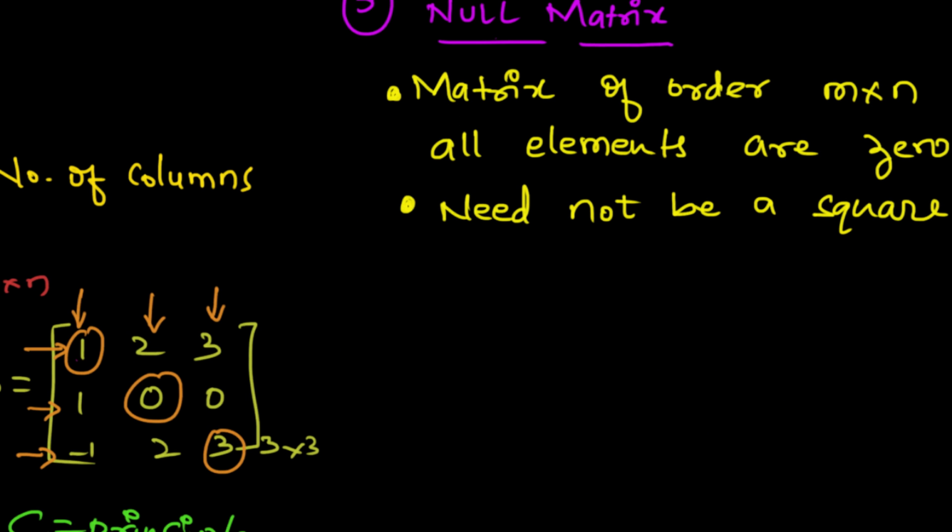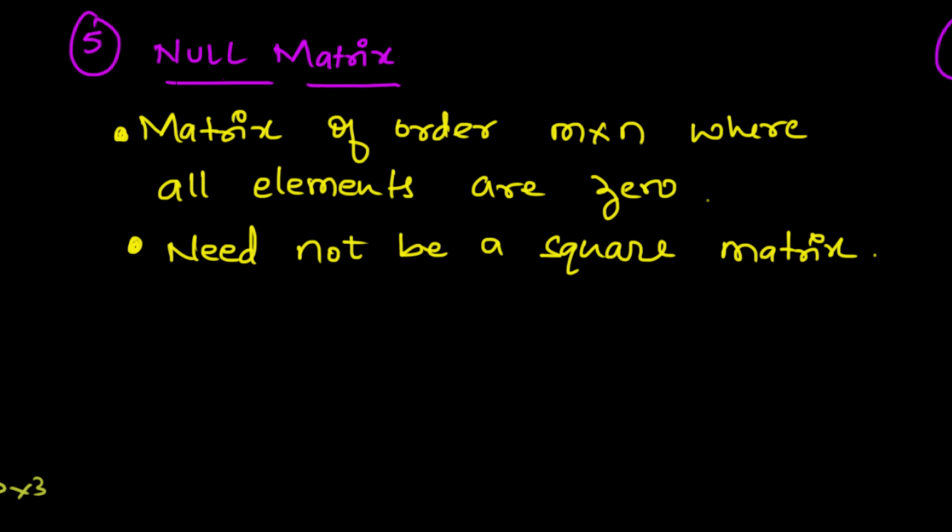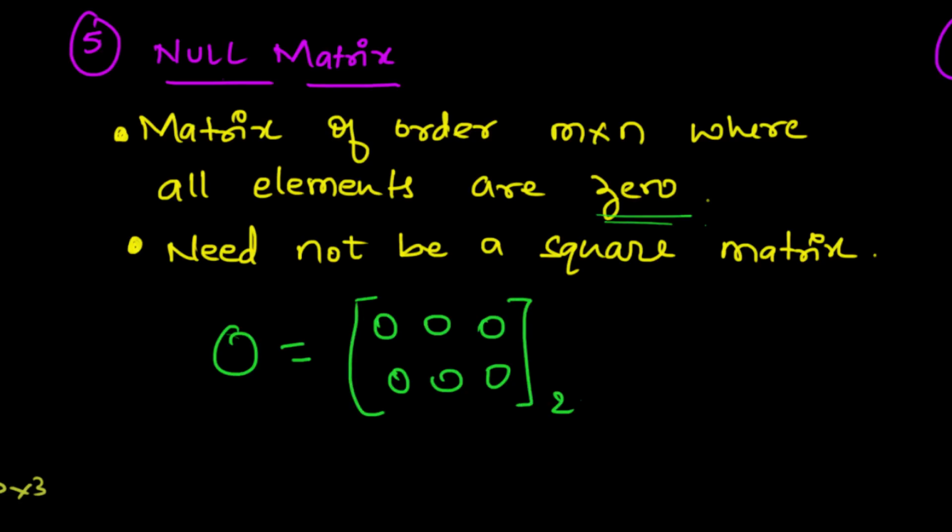Let's talk about null matrix. A matrix of order m cross n where all the elements are 0 is called a null matrix. It may or may not be a square matrix. Let's see an example. It is represented by O. So O equals 0 0 0, 0 0 0. So this is a null matrix of order 2 cross 3.